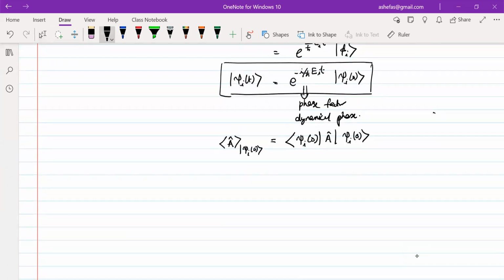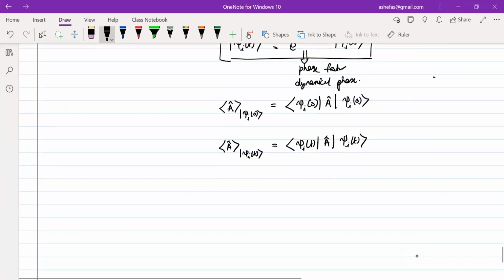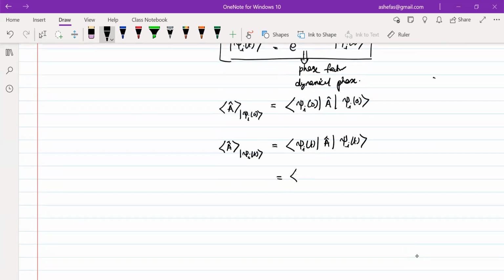Now what would be the expectation value of the operator at a later time, which is psi i of t?